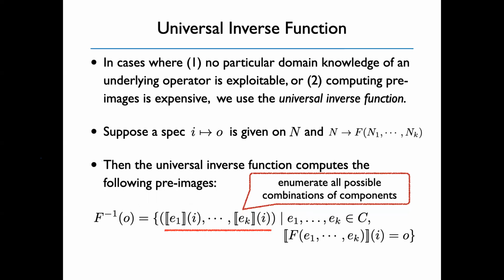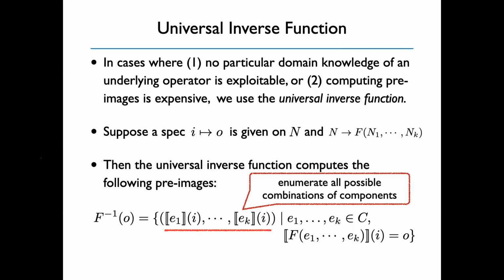Though we have defined inverse functions for various operators supported in the SyGuS language, there are cases where cost-effective inverse functions cannot be defined. If no particular domain knowledge of an underlying operator is exploitable, or computing the inverse set is quite expensive, we use something we call the universal inverse function.